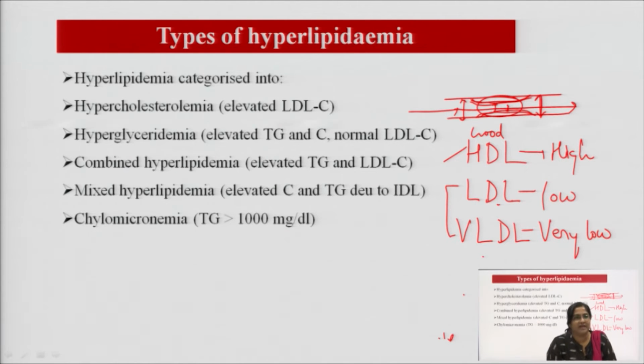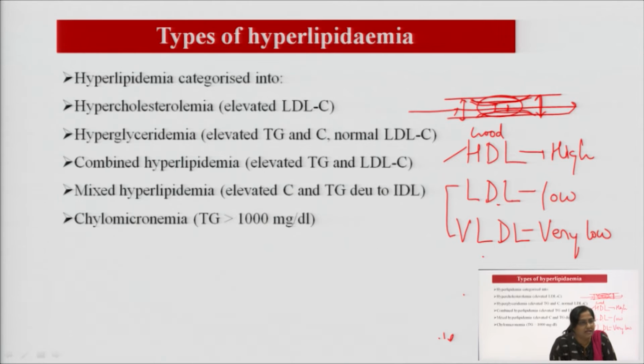Okay. So, the types are hypercholesterolemia, that is elevated LDL-C, low density lipid cholesterol, then hypertriglyceridemia, where triglycerides are very high, that is elevated TG, that is triglyceride, and cholesterol is elevated, whereas they have normal LDL cholesterol.